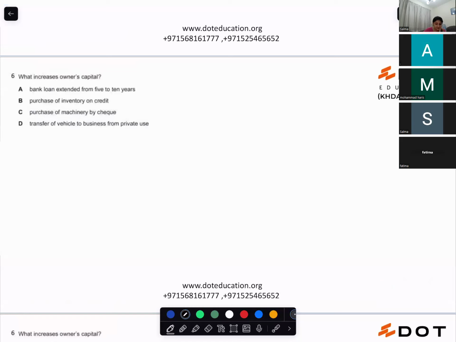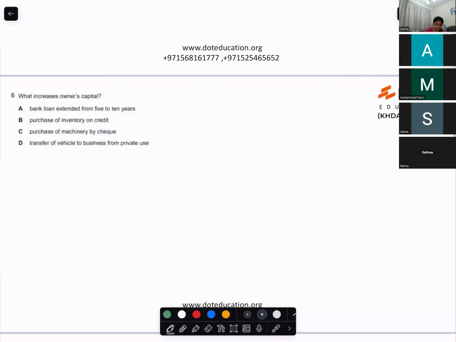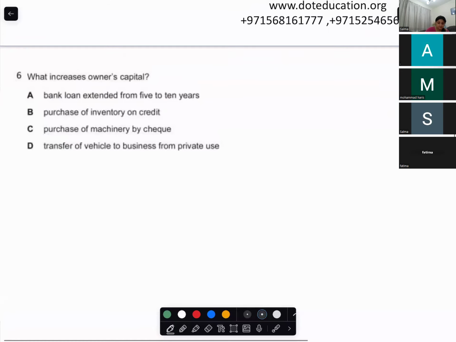Please read, Fatima. What increases owner's capital? Read options. Loan extended from 5 to 10 years? Okay. Is this something to do with the owner? No. Okay.